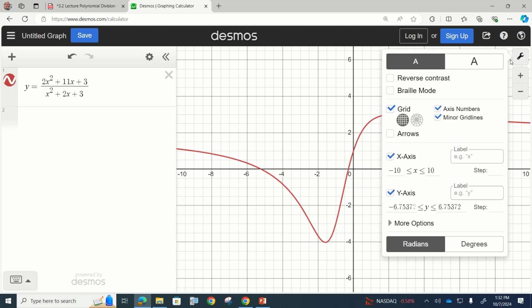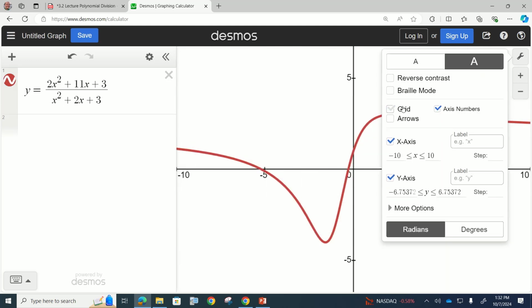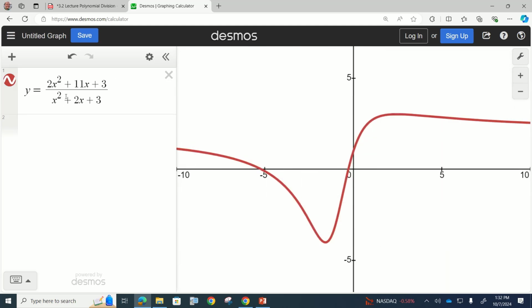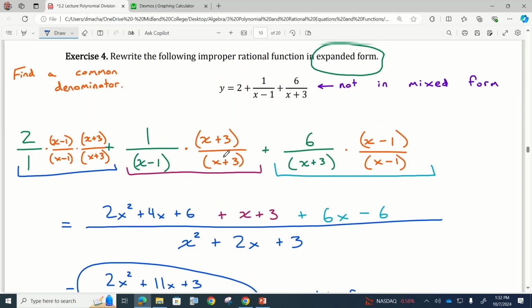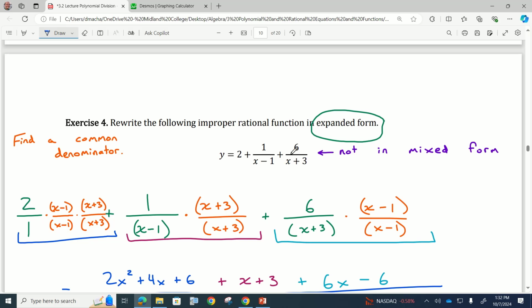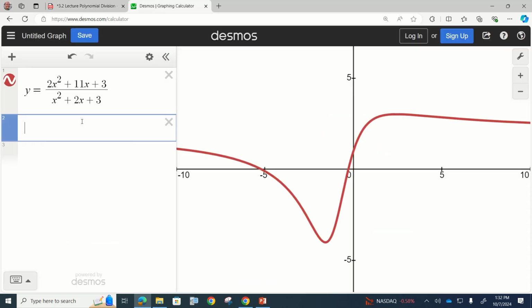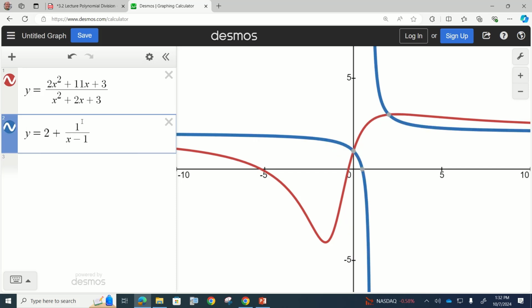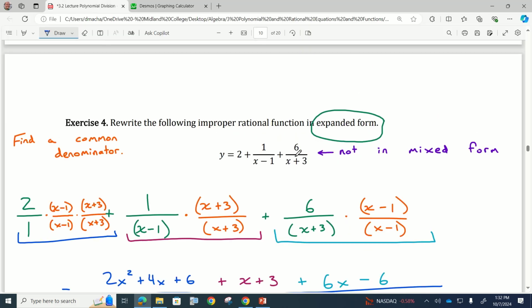And that is what that function looks like, at least what we found for my answer. And this is how we check our answer. We go back to what we were originally given, which is 2 plus 1 over x minus 1 plus 6 over x plus 3.